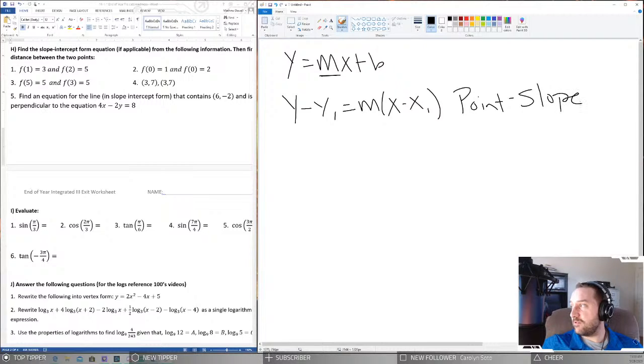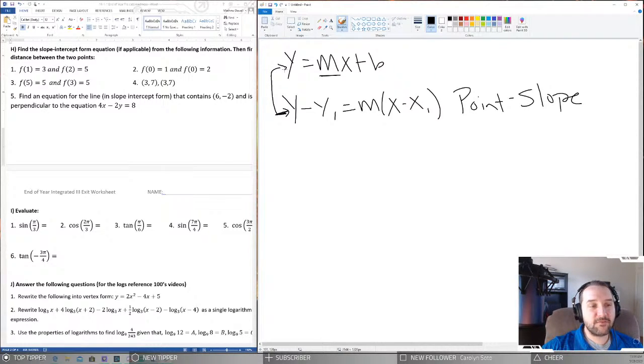And the geniusness about this equation is you just need a point and a slope, you plug them in, and you're done. Now, because the problem actually says find the slope-intercept form, that means that if we start with this one, we then have to write it like that.